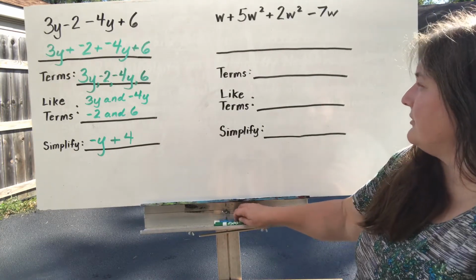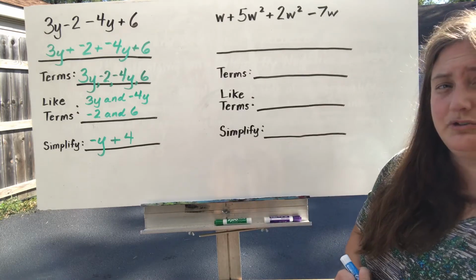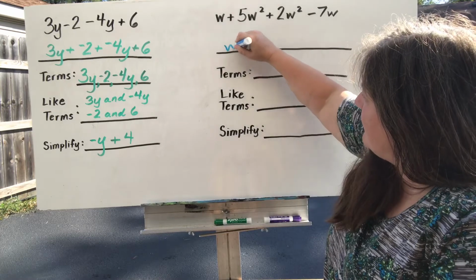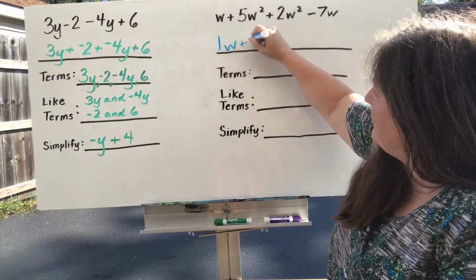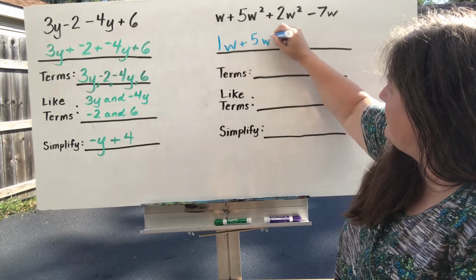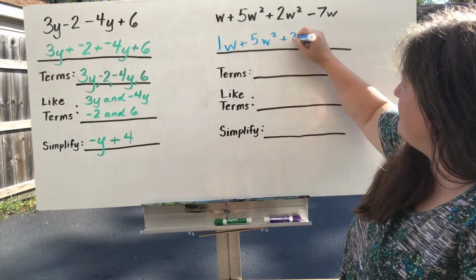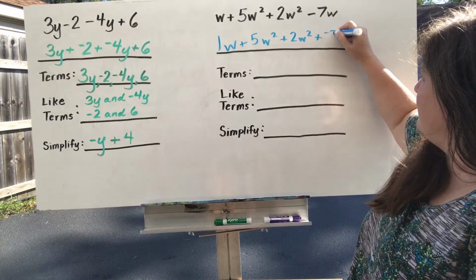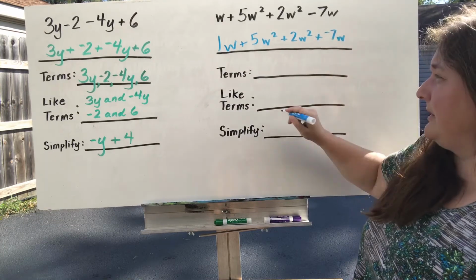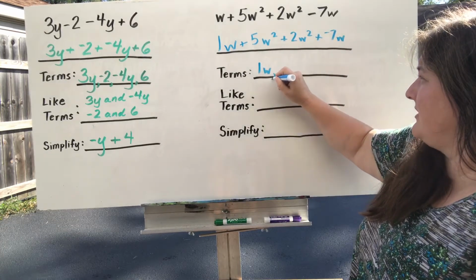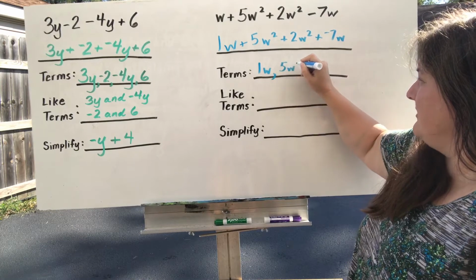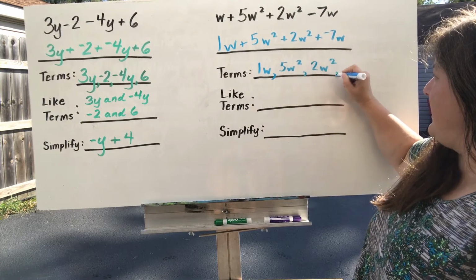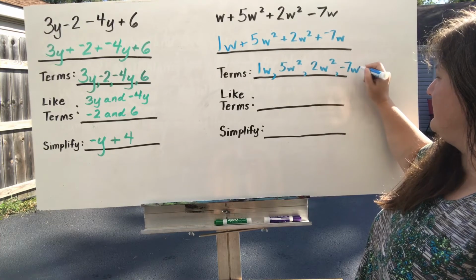So let's try another. First thing I'm going to do is change my expression so it's written in all addition. So I'm going to make this 1w plus 5w squared plus 2w squared plus negative 7w. So my terms are 1w, 5w squared, 2w squared, and negative 7w.